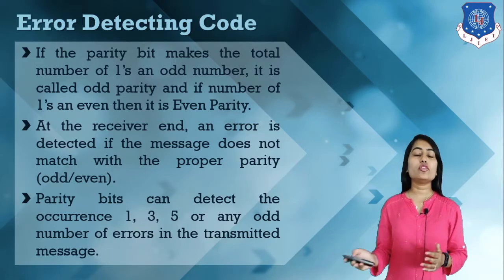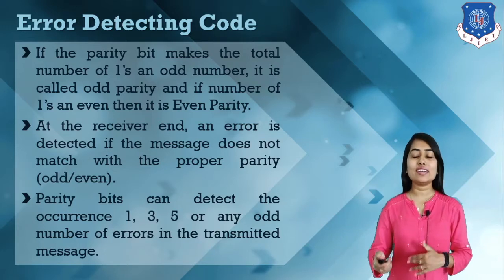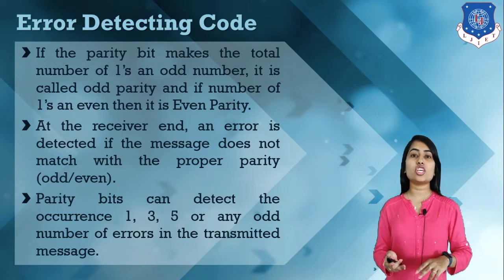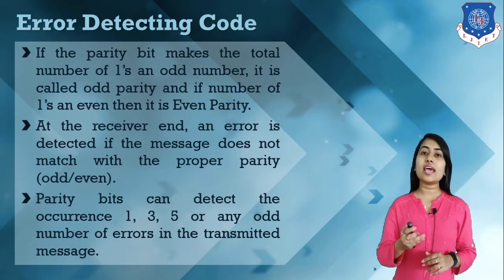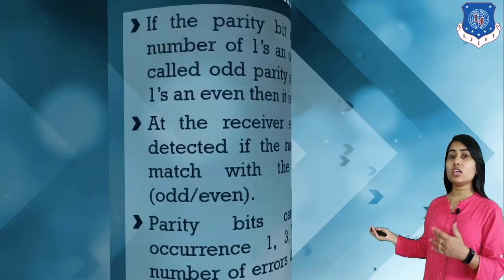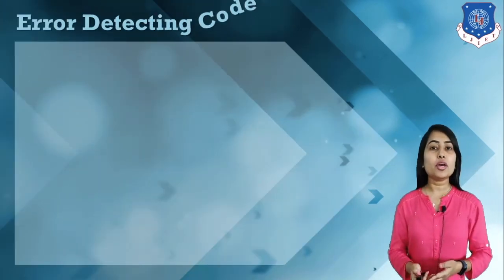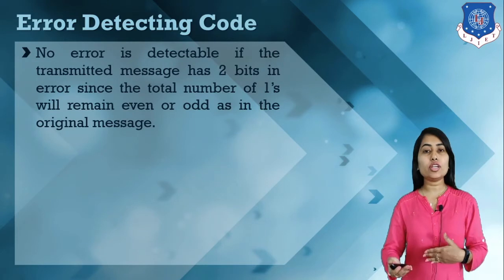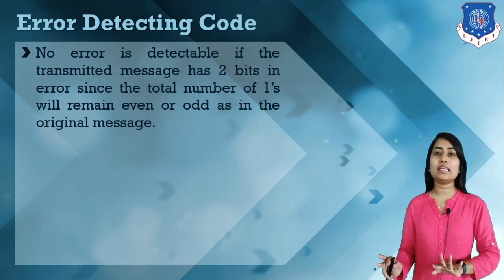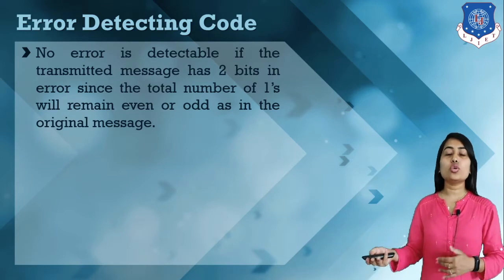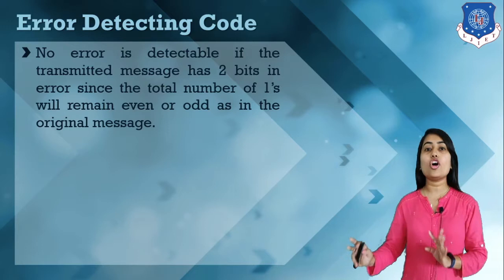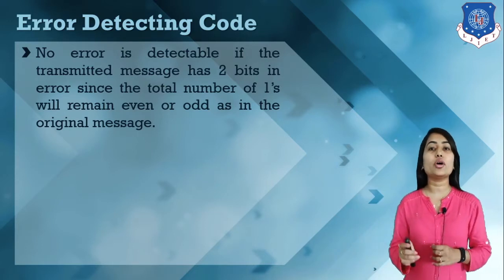But if we have an even number of errors, there is no mismatch of parities at the receiver side, so it is difficult to identify whether an error occurred or not.